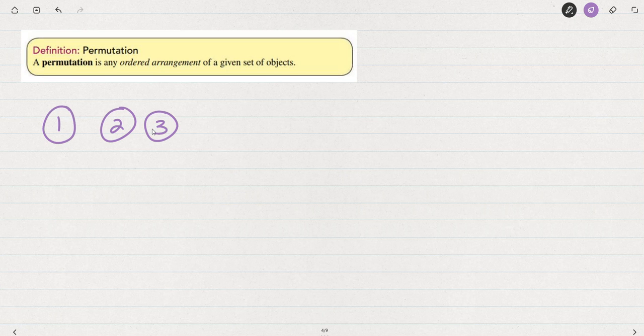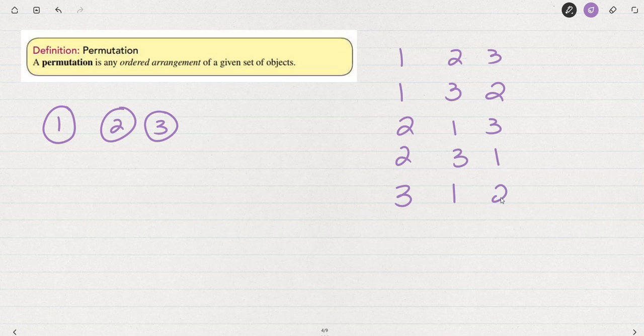Do you see that I could put them 1, 2, 3, 1, 3, 2, 2, 1, 3, 2, 3, 1. Or I could start with the third one and then go 1, 2, or 3, 2, 1. So I could actually list all the possibilities.